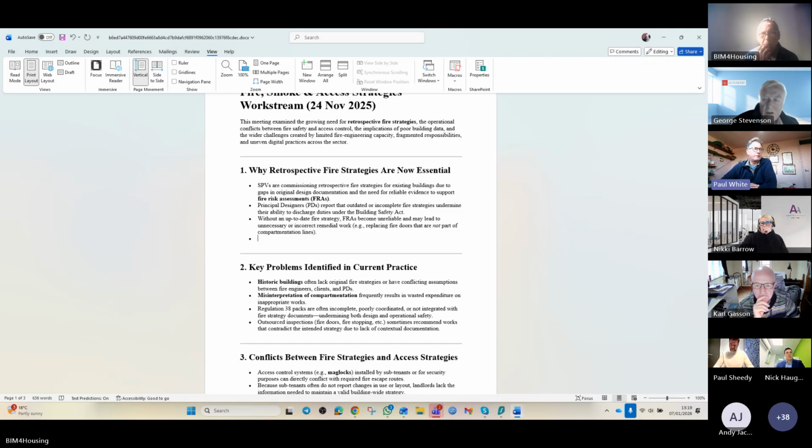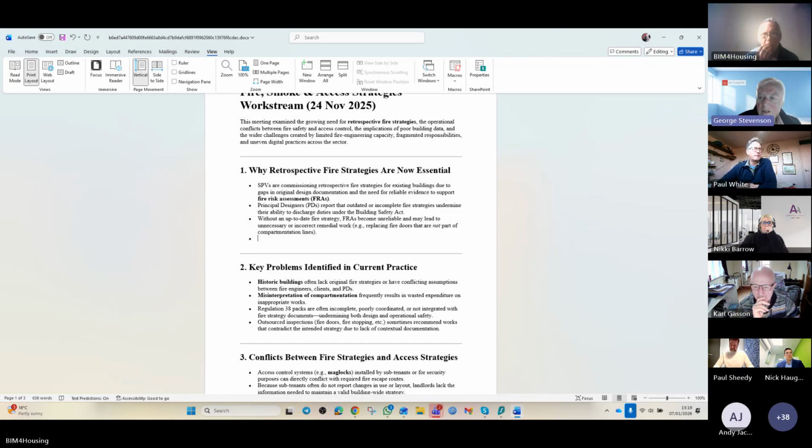And I think there's a level of quite in-depth design that goes on for these fire strategies, because people have really got to know how that building is going to function, and the fact that the stuff that's in it can be demonstrated to do that.